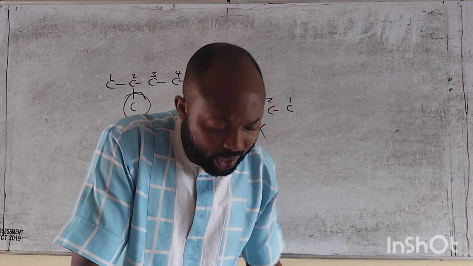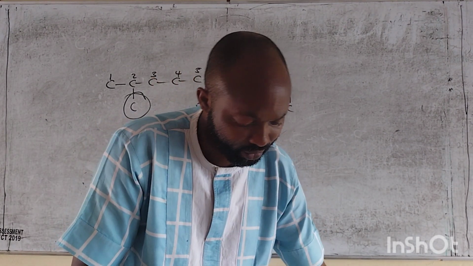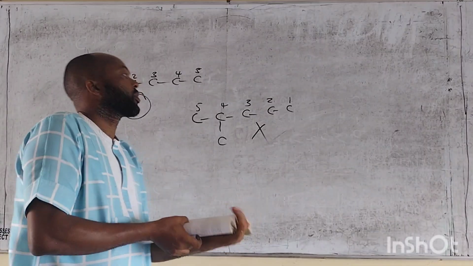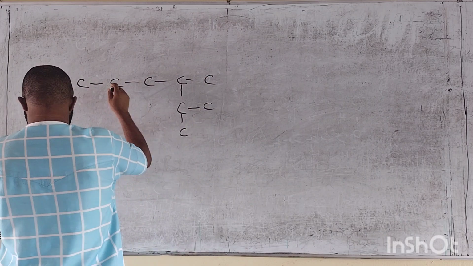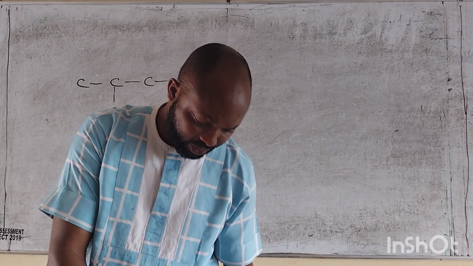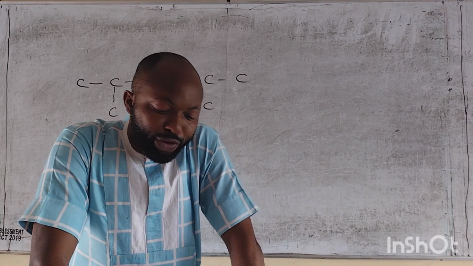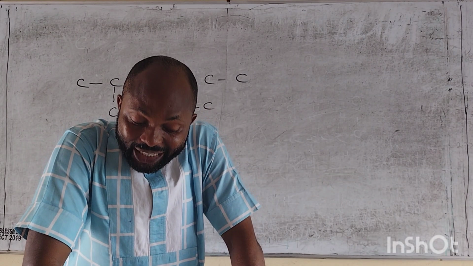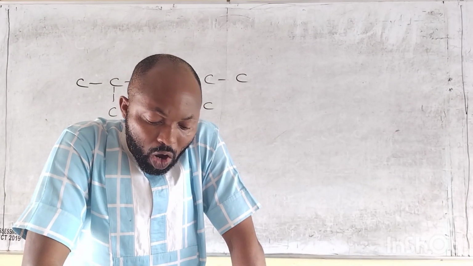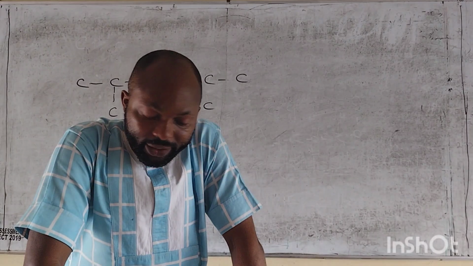Let me write it out. Now let's listen to the rule and know what we are doing. When two unbranched carbon chains have the same number of carbons, the chain with more substituent is the parent chain.